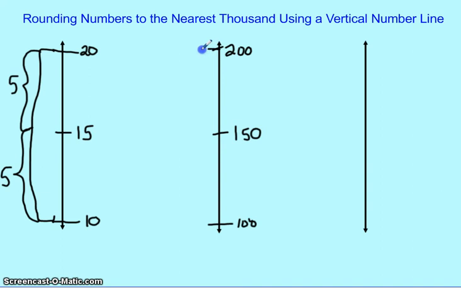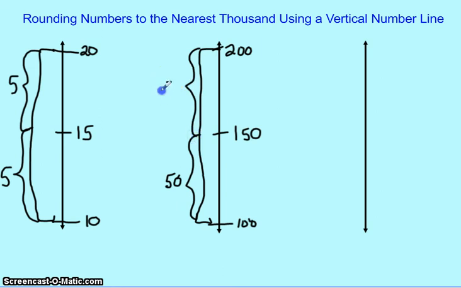Why? Because the span between these two endpoints is 100, 100 to 200. Half of 100 is 50, and half is the other 50. So 50 and 50 makes 100, so 150 is the midway point. You might have noticed a pattern here: 10, 100, 15, 150, 20, and 200.